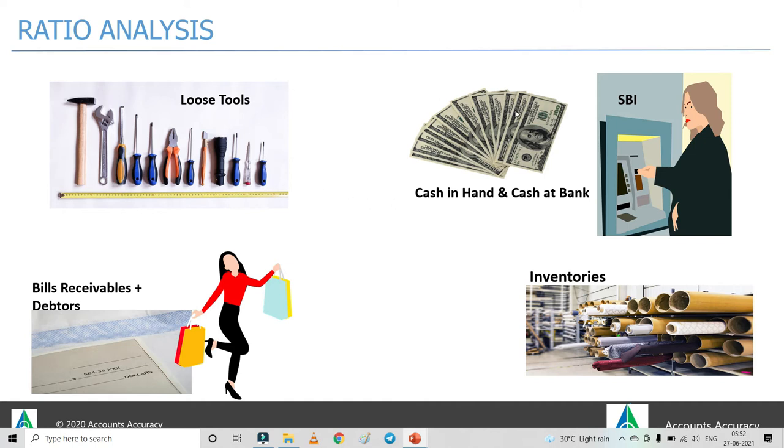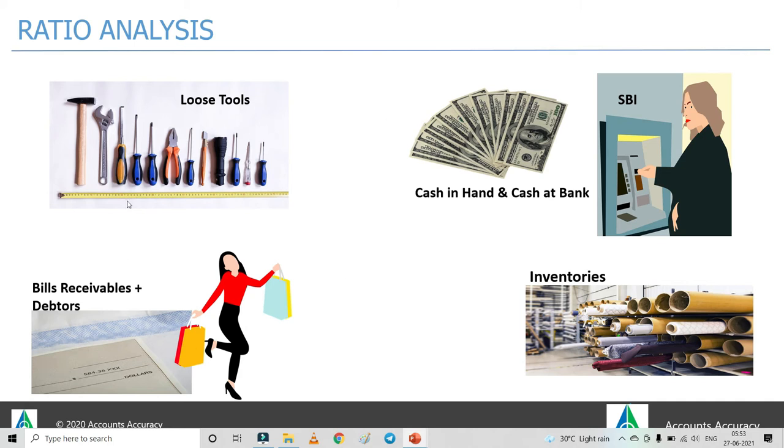Now all this starts when you purchase the raw materials. You start with cash, and that gets converted into finished product, and then again your cash comes back in your hand. This is the regular process of the business. So all the assets which can be converted into cash within a year form the current assets of the company.